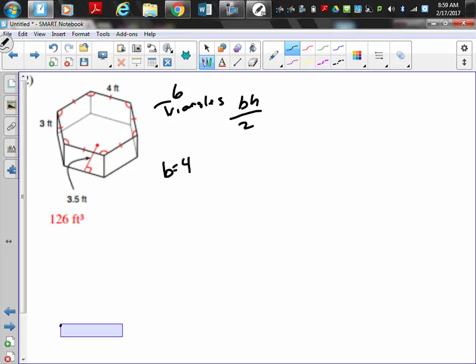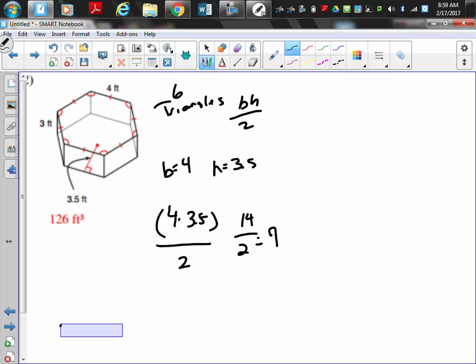What's the height of the triangle? 3.5. Good job. So now I've got base times height divided by 2. So 4 times 3.5 divided by 2. 4 times 3.5 is 14, divided by 2 is 7.